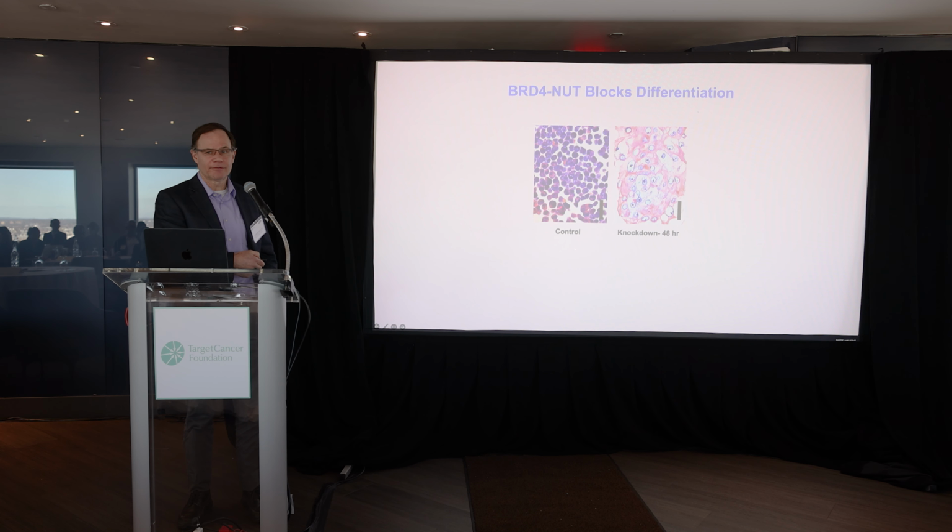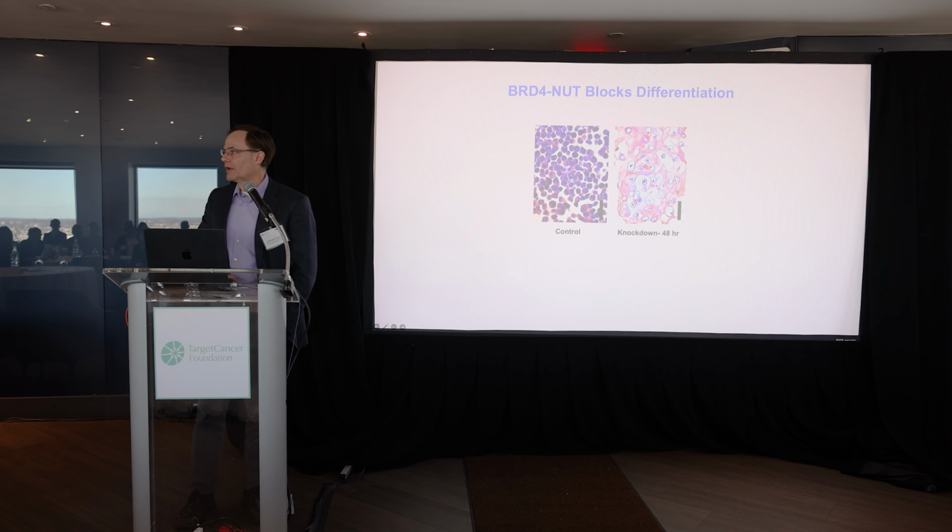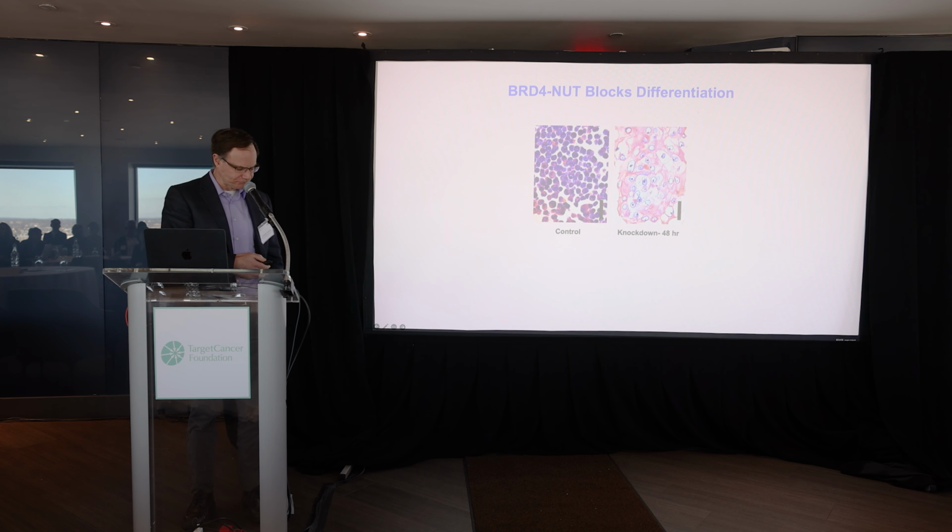You could not tell the difference between this and a leukemia or a lymphoma or a germ cell tumor. They all just look kind of non-specifically undifferentiated. If you knock down the BRD4-NUT oncogene using siRNAs or other means, they will differentiate very rapidly into squamous stratified epithelium that stops growing. You could literally peel a skin off the dish after you knock down the BRD4-NUT.